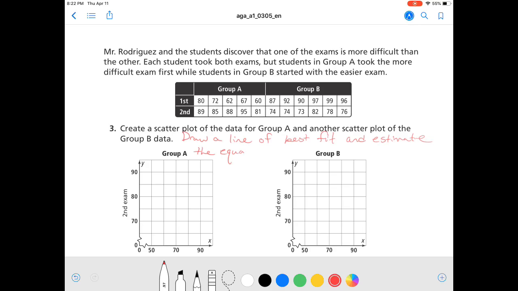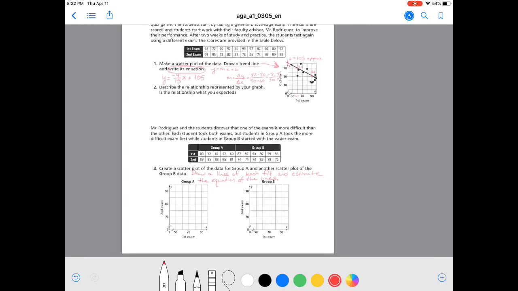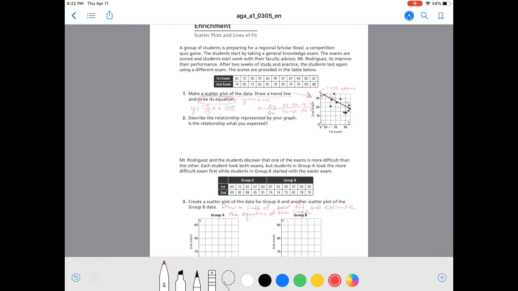So I'm adding some directions to this worksheet, but you should be paying attention and following along. When I go to grade these worksheets, I'm going to be looking for the line of best fit and the estimate of the equations of the lines. If you want to be really precise, you can use your calculator to figure this out, but I'm fine with the estimates like I showed you in problem 1.